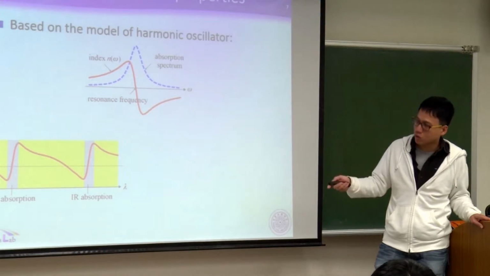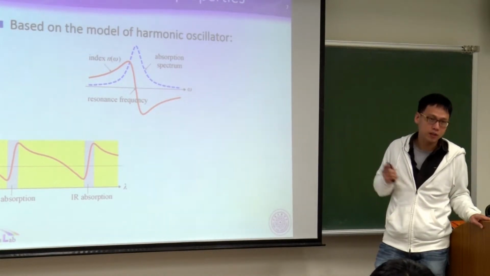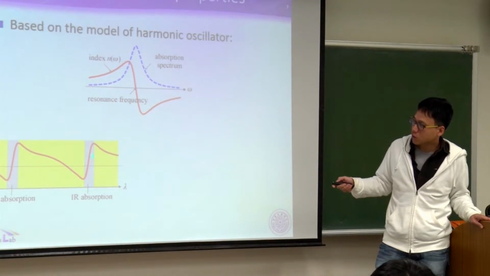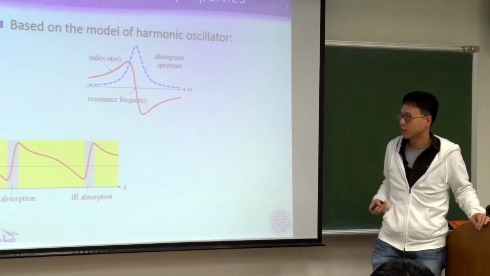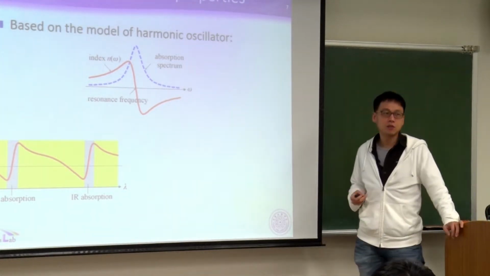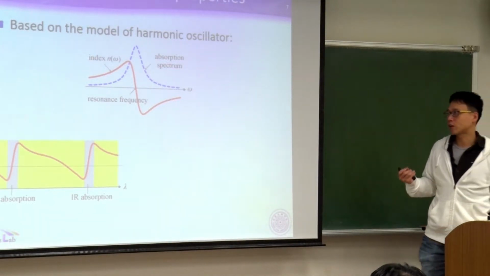For each absorption, like UV absorption, you get a characteristic curve, like the mirroring of this one. For another absorption, like infrared absorption, you got another characteristic curve, and they can be concatenated with each other. So you got the index of refraction spectrum.